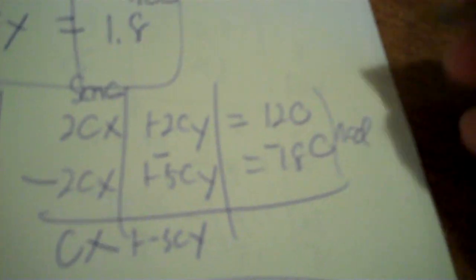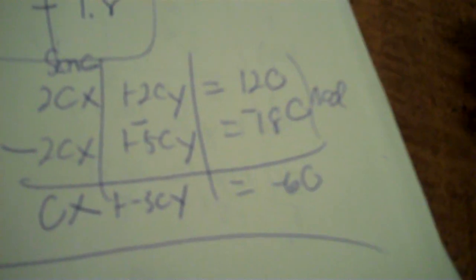There you have the same now. They will add to 0 if you make one of them negative. 0x. Make that negative and that negative. Don't forget that. 20 plus negative 50 is negative 30y. 120 plus negative 180 is negative 60.